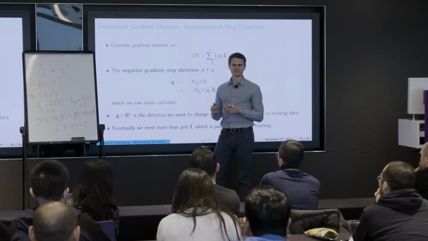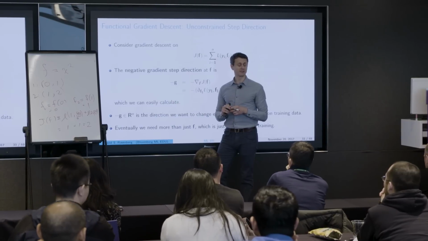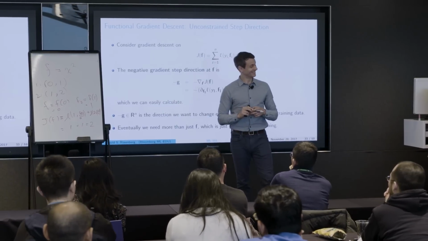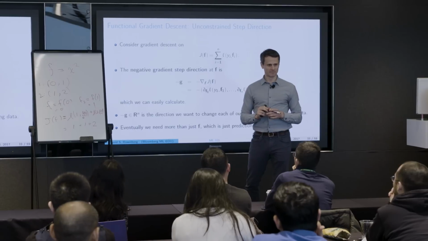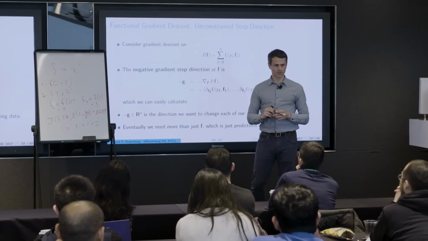Did that help anything? It did help. It was good. Okay, great. So f sub i is the output of some given function f on training point xi. That's correct. So it's always the same f. The subscripts are just indexes into the outputs of that f on all the training points.